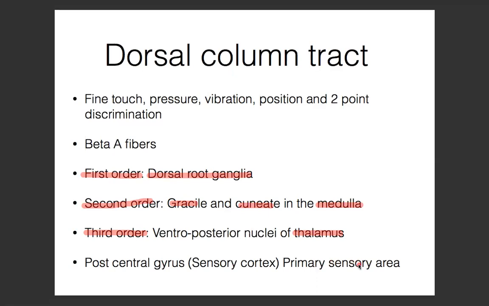This piece of information not as important, لكن اللي قدام بتبقى more important. تمام؟ Like when you guys start doing brain وكده, it's important. لكن right now you're doing tractology, so بس أعرفوا الثلاثة, the main 3 orders. So finally في النهاية it reaches the post-central gyrus, which is the primary sensory area. Not that important. What's really important is in the first order في dorsal root ganglia, a second order في الgracile والcuneate in the medulla, والthird order في ventroposterior nuclei of the thalamus.